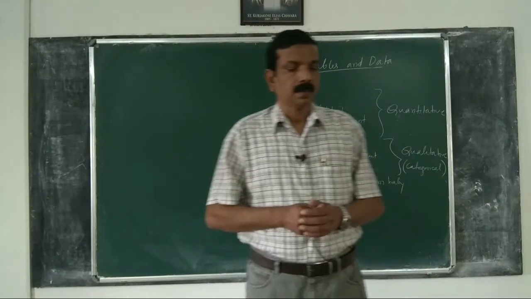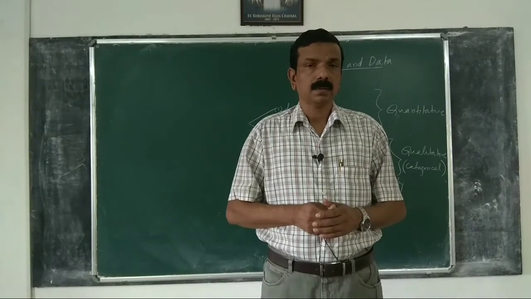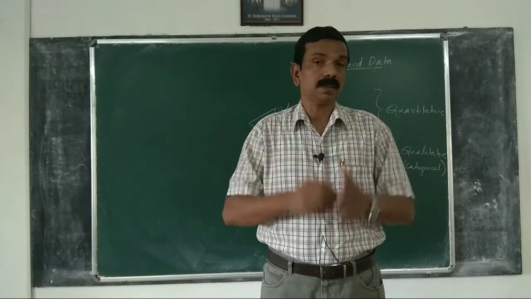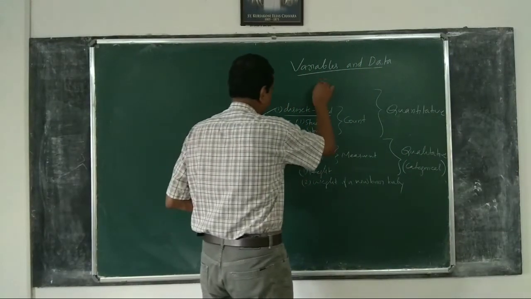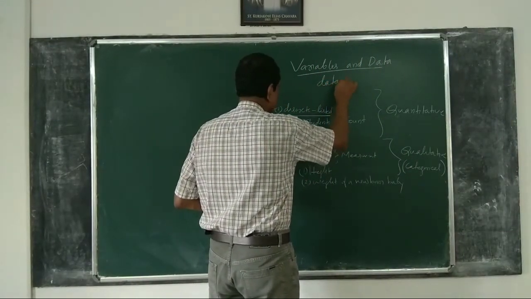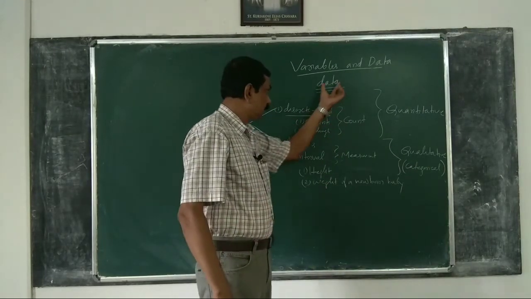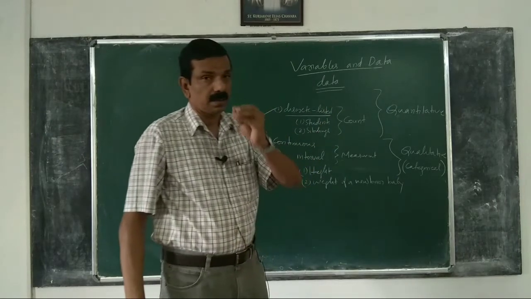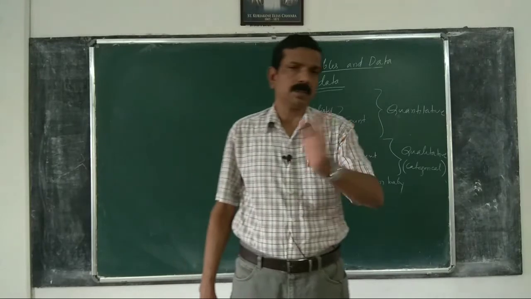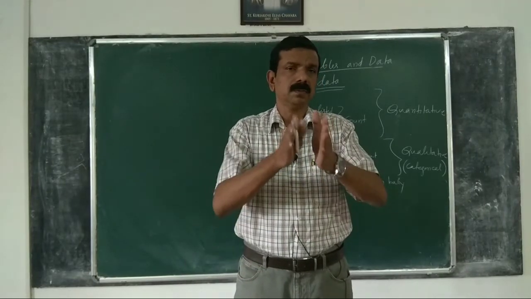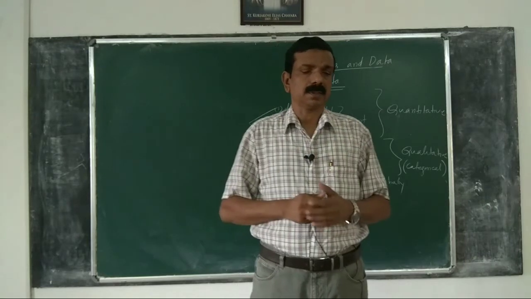Now, the values of a variable for one or more persons yield what is known as data. For example, values of the variable height for one or more persons will give you data, height of so many persons.